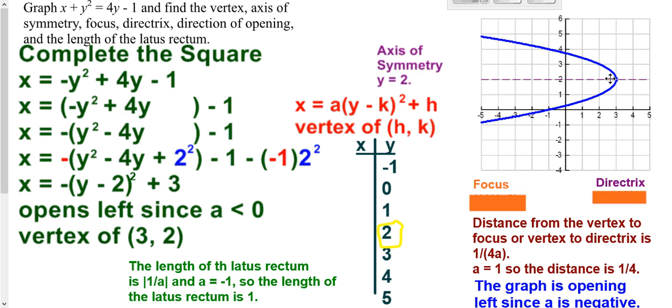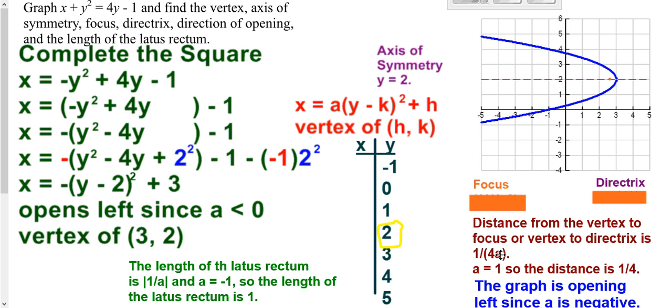So if we went from our focus here and went straight up and down, that would be a length of 1 unit. So how do we get that focus? Remember, we need to look at that 1 over 4a. 1 over 4a tells you the distance from your vertex to your focus, or vertex to your directrix. And a is that negative 1.